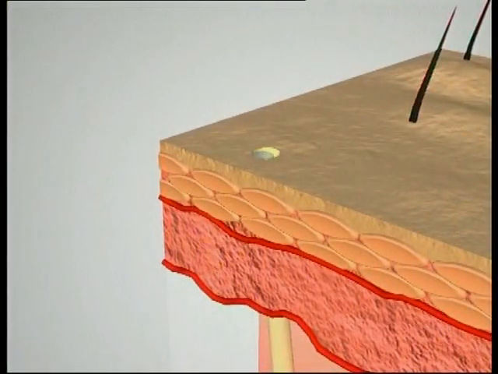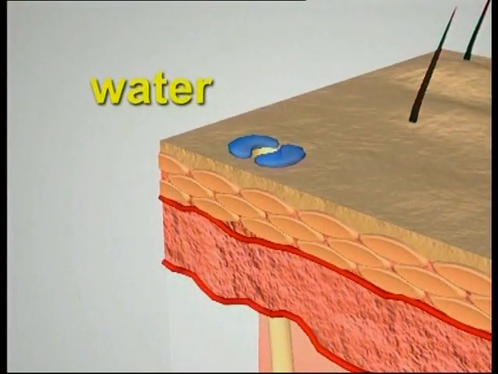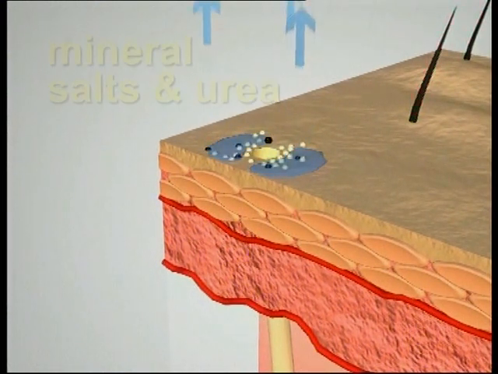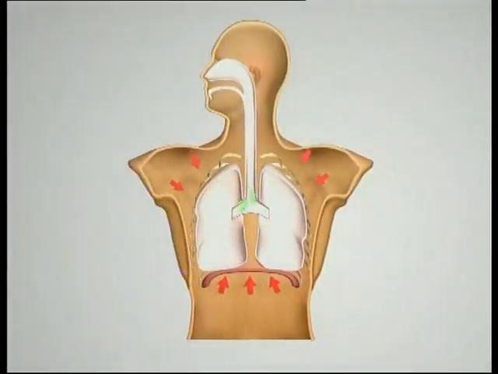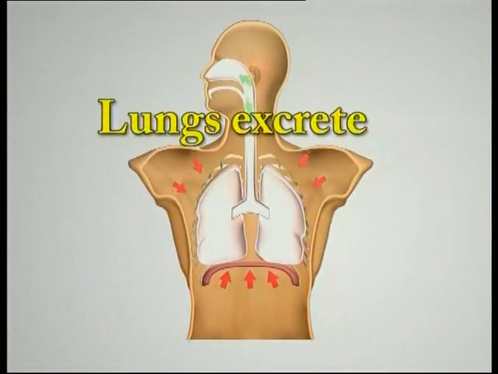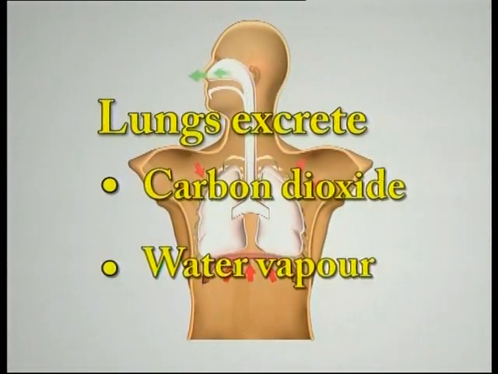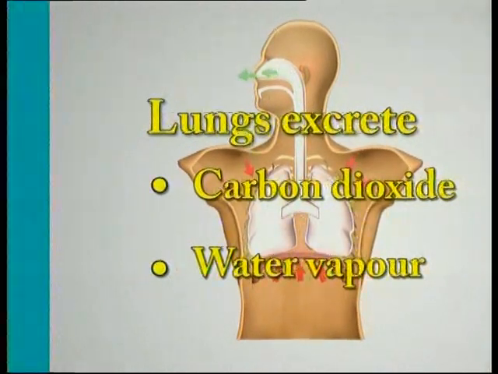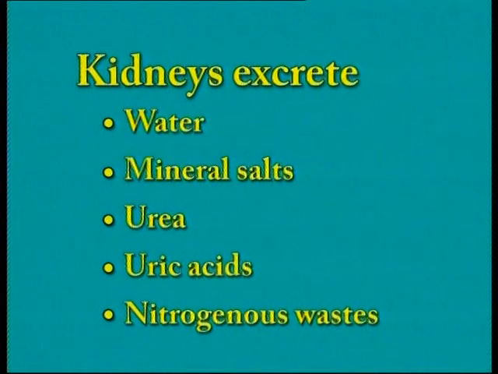Number 4. The skin excretes water, salts, and urea through sweating via the sweat pores. Number 5. The lungs excrete carbon dioxide and water vapor during exhalation. Number 6. The kidneys excrete water, mineral salts, urea, uric acids, and other nitrogenous waste.